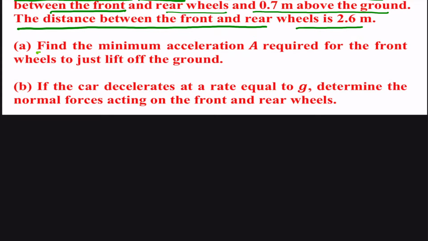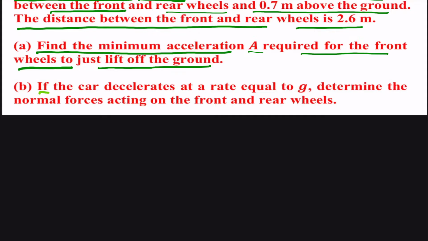First question is, find the minimum acceleration A required for the front wheel to just lift off of the ground. Part B, if the car decelerates at a rate equal to g, determine the normal force acting on the front and the rear wheel. Okay.